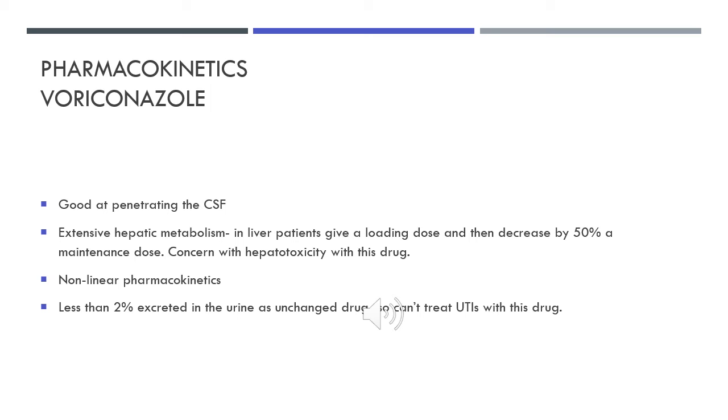Higher doses of voriconazole have not been associated with improved clinical outcomes. So, more is not more, okay? You have to be very careful that you're not giving more dose than what's needed, because when you increase that dose by 50%, you're actually increasing by 150% what the patient receives in terms of the pharmacokinetics.